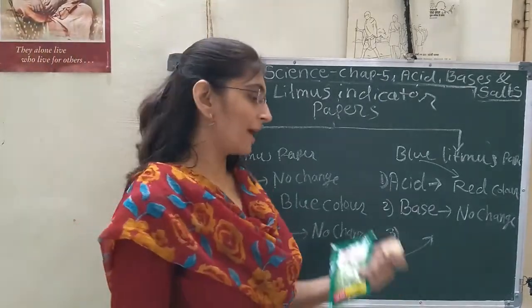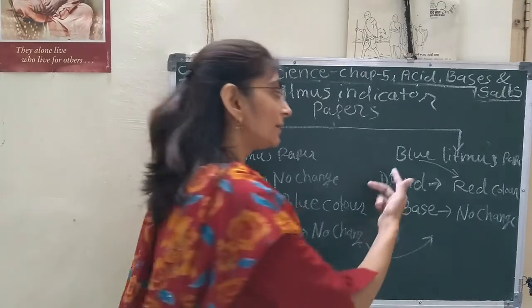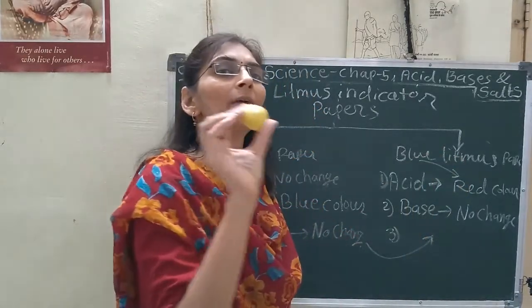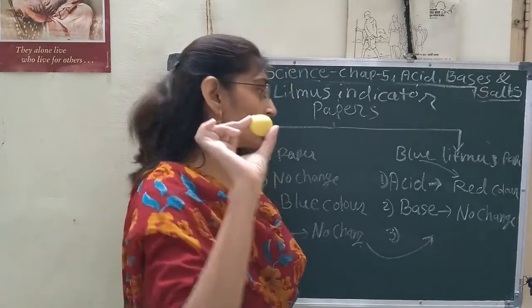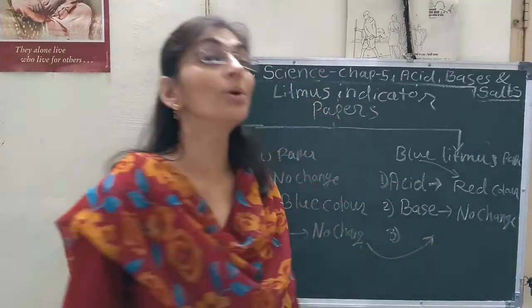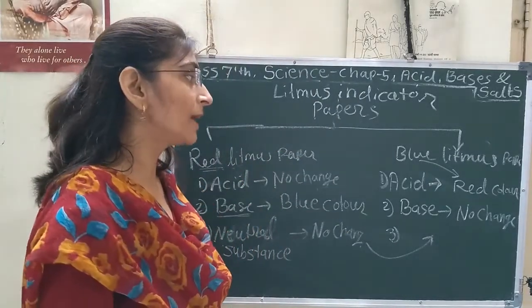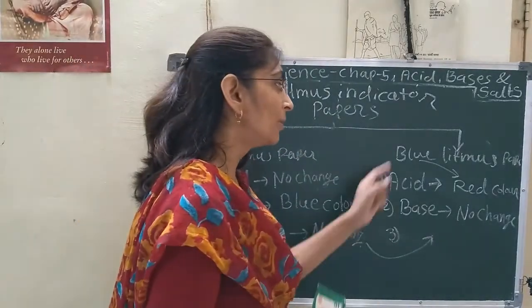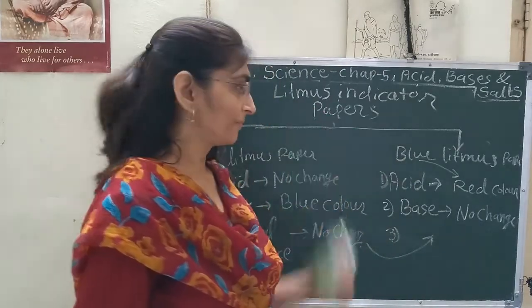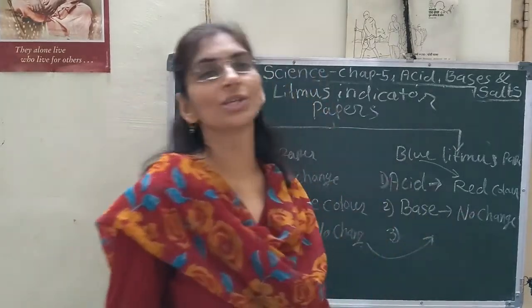Again, when we take the blue litmus paper and first dip it in the lemon solution, the blue litmus paper will change its color to red. And when the blue litmus paper is dipped in the detergent solution, there will be no change.